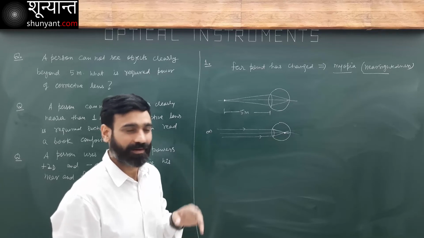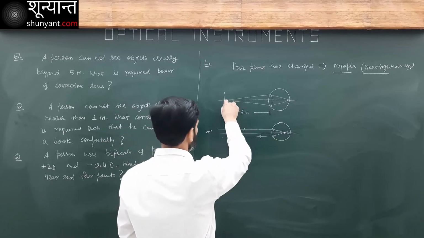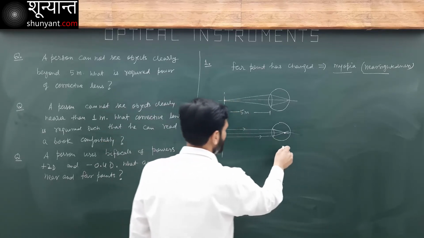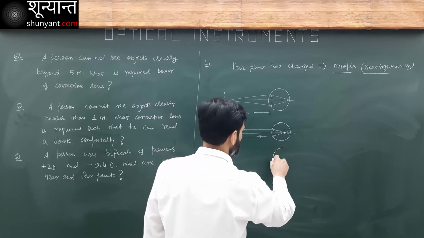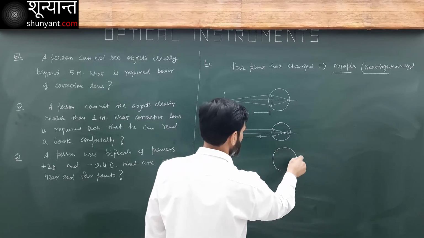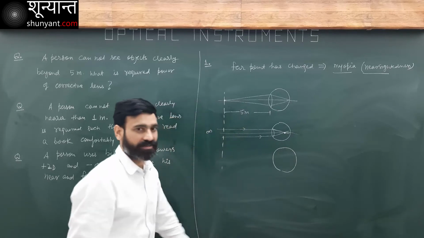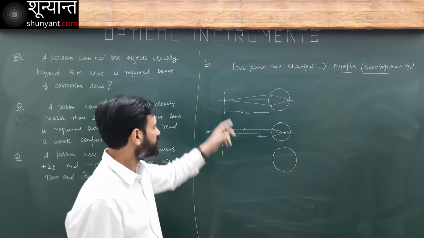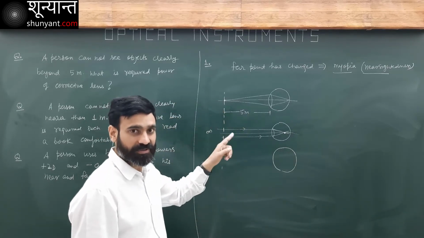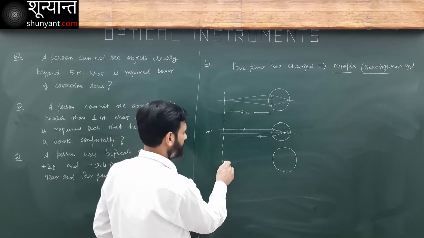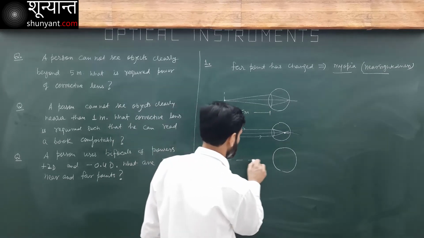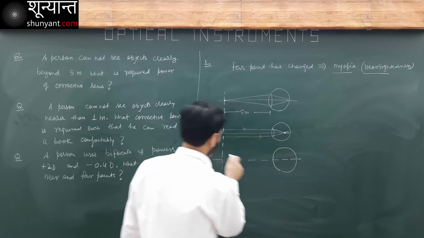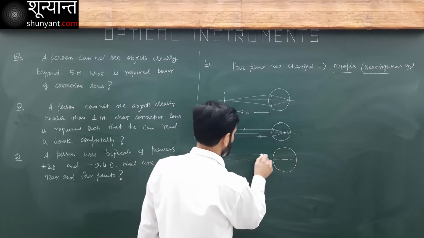I make correction, I make use of a lens. What should my lens be? I need to see this object at infinity.